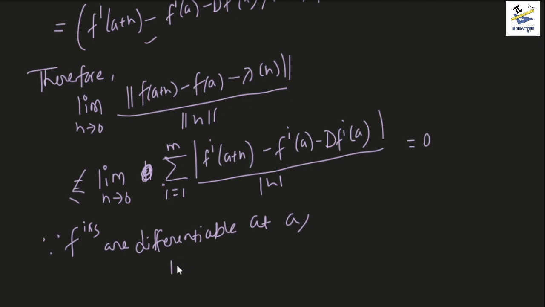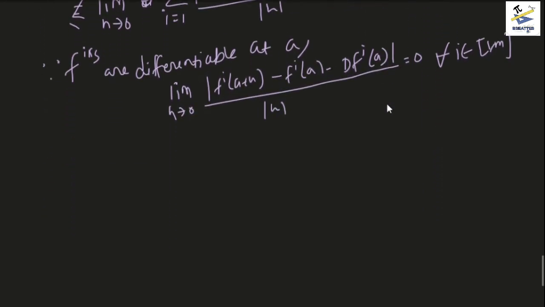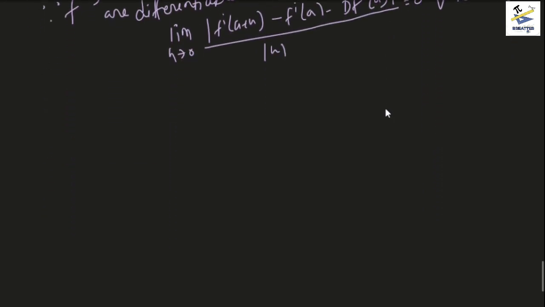Because this is true, we know that limit h tends to 0 of fi of a plus h minus fi of a minus dfi of a, which is basically the derivative for fi, divided by mod of h equals 0 for all i from 1 to m. And that is why this is also true, and this proves that the limit is 0, right? So this is another way of doing it.